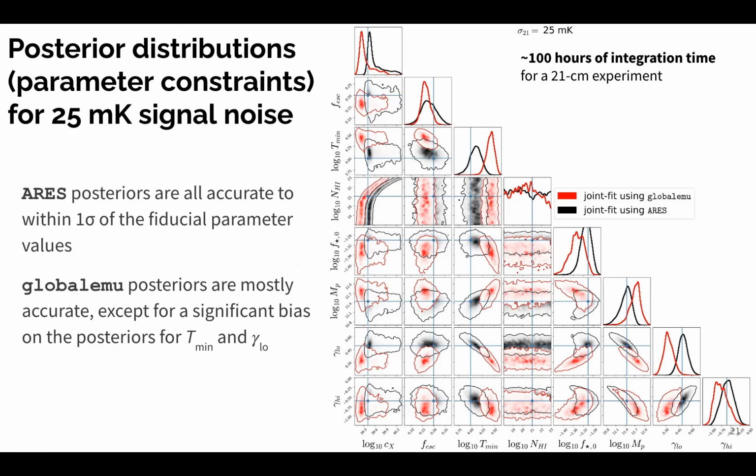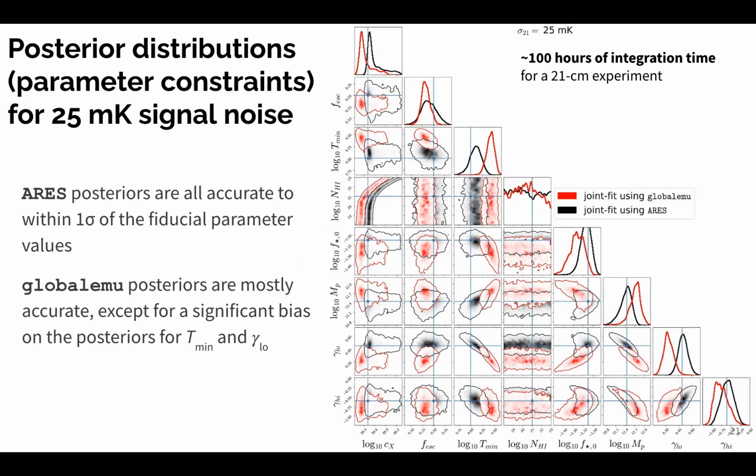These are the posterior distributions for a noise of 25 millikelvin, or about an integration time of 100 hours for a 21 centimeter experiment, which is a standard amount of integration time considered in the field. Basically, we're seeing that the posterior distributions are very similar between the emulator and the model.